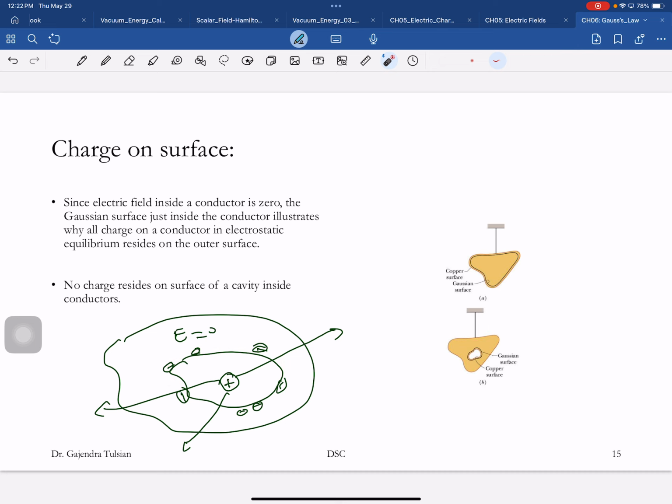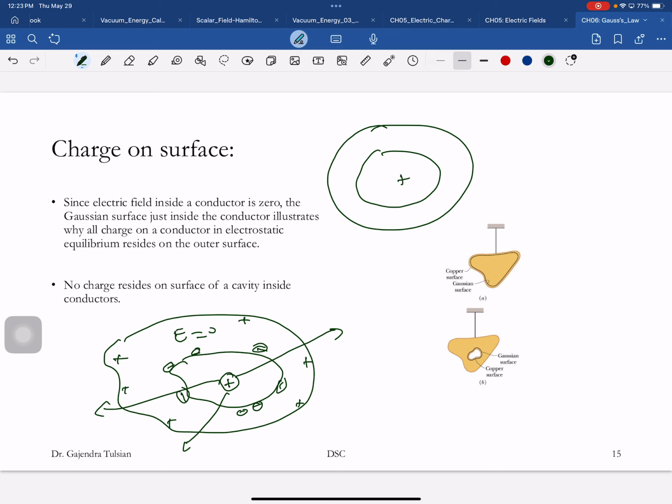And so the electric field will be 0 here, and this will become positively charged. So what we have done is, here was a hollow sphere.